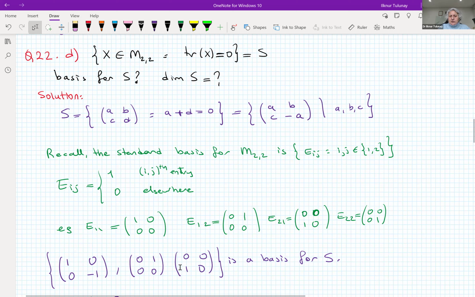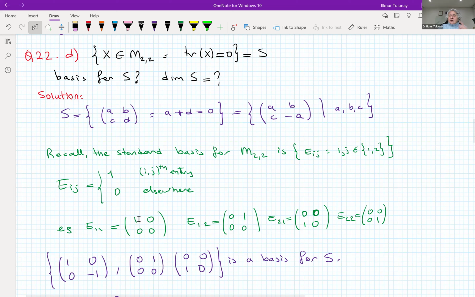A multiple of this matrix will give me this position. So everything will be done. It is clear that this is a basis for S, because really the positions give you the basis elements, as we realized here. And this is a general fact about matrices. This is the standard basis for M22.